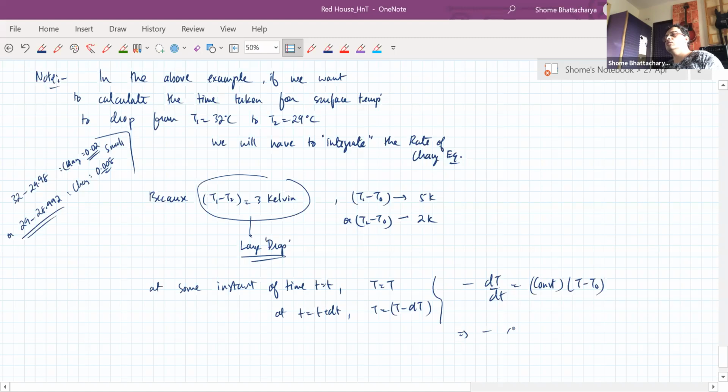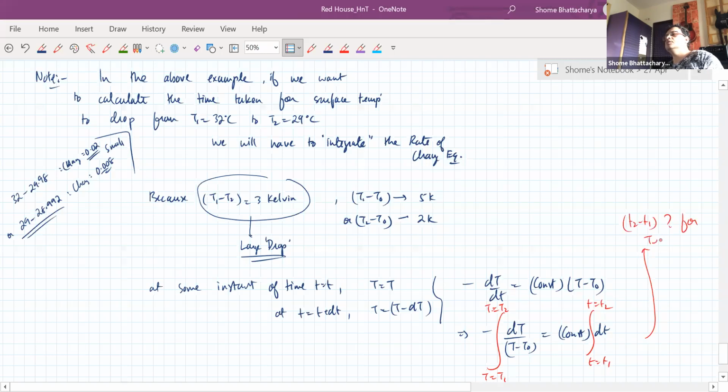Now this has to be integrated from whatever time t1 when the temperature was capital T1 to whatever time t2 when the temperature becomes T2.